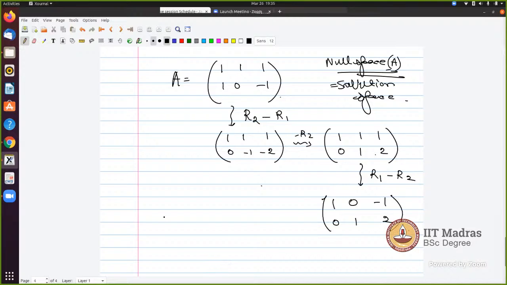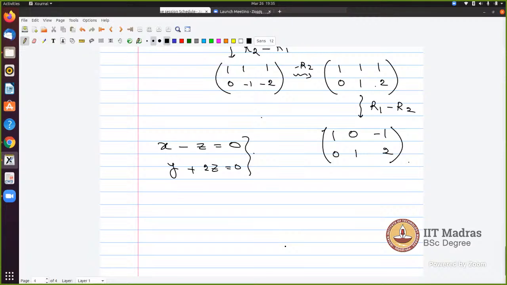So what I am getting is x minus z equal to 0 and y plus 2z equal to 0. So x is equal to z, and y is equal to minus 2z.